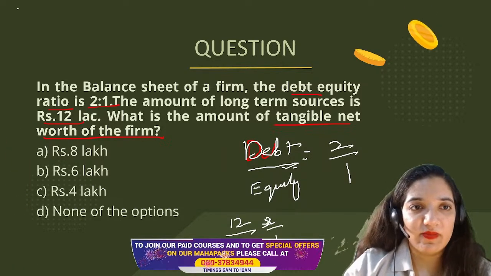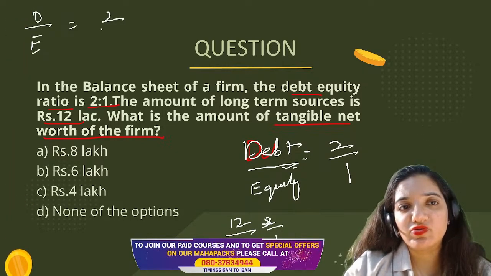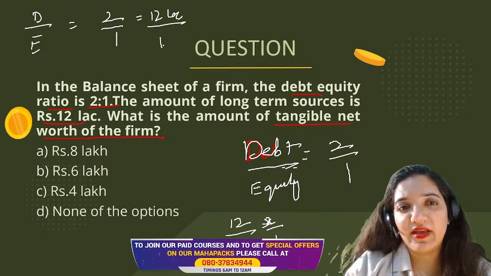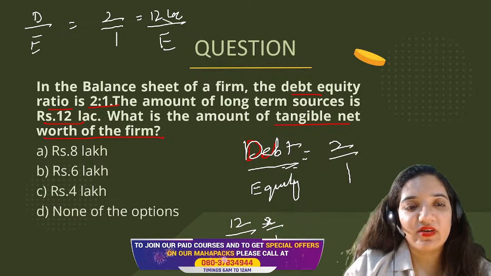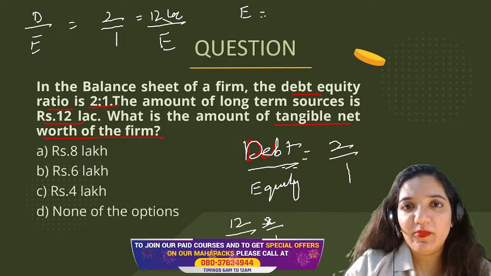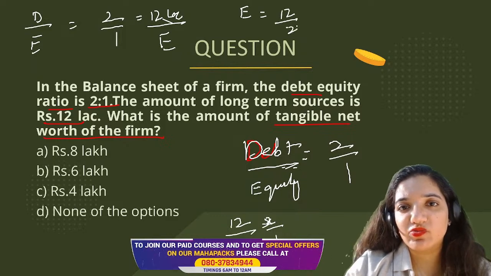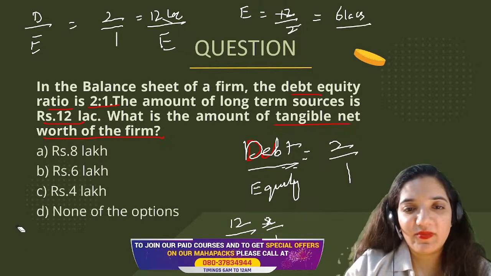I'm writing it here, everyone. Debt upon equity is equal to 2:1 is equal to 12 lakh divided by equity. So equity will go up and it is 12 divided by 2. It comes out to be 6 lakhs. Got the answer, everyone?